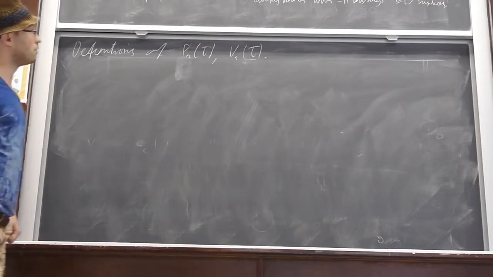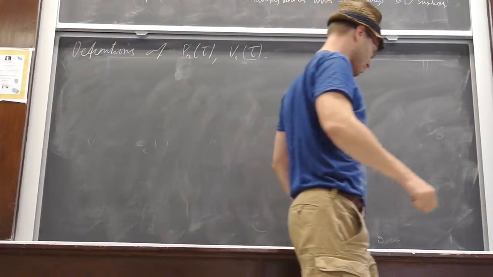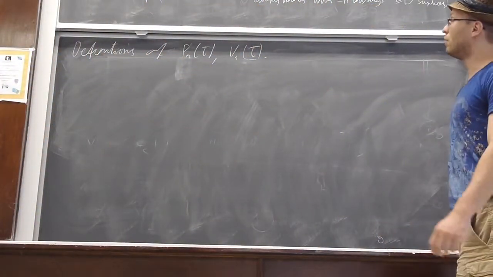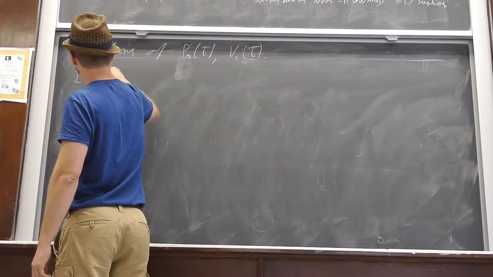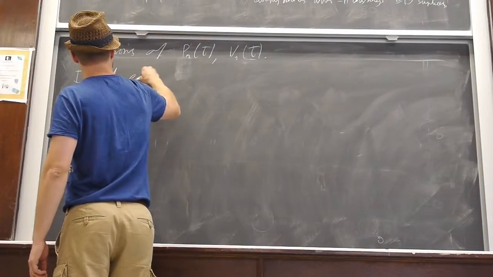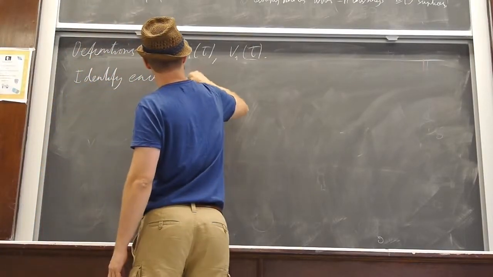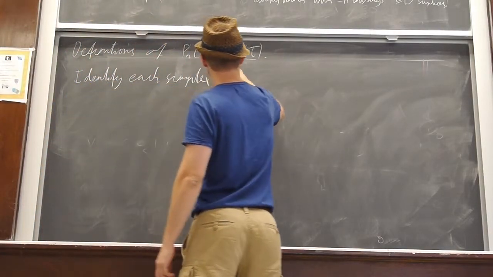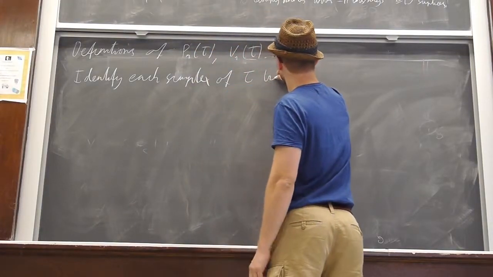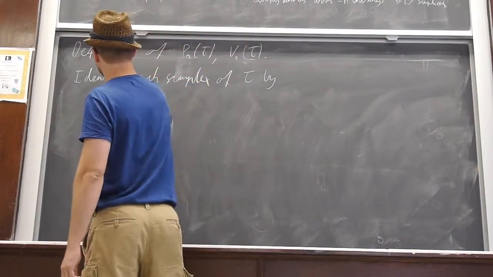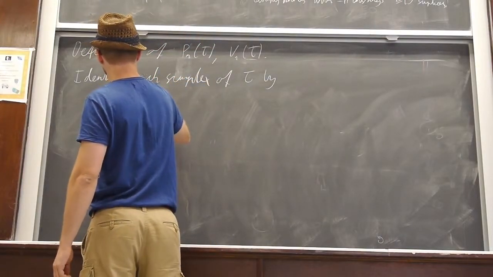Okay, so the idea is that we identify the simplex tau with this standard simplex.